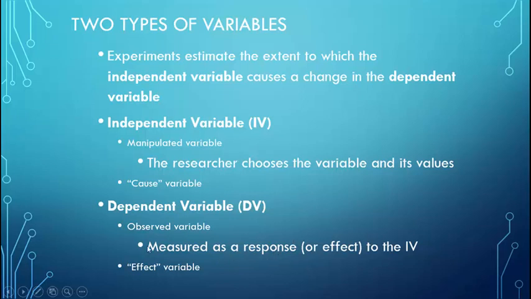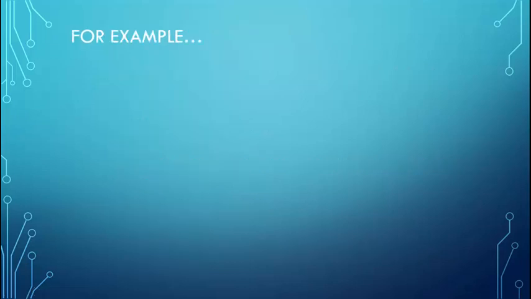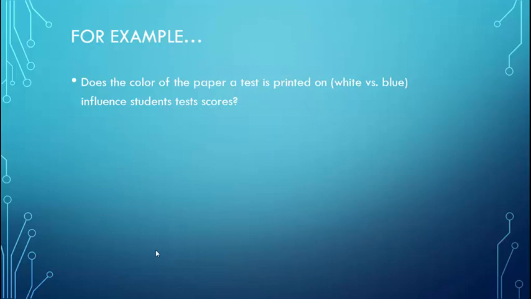This is the effect in our cause and effect relationship. So now, for example, does the color of the paper a test is printed on, white or blue, influence a student's test scores? So our study is questioning, does the color of paper that a test is printed on influence students' test scores?